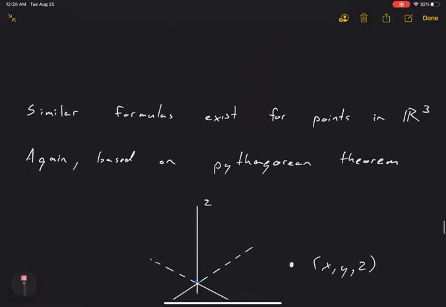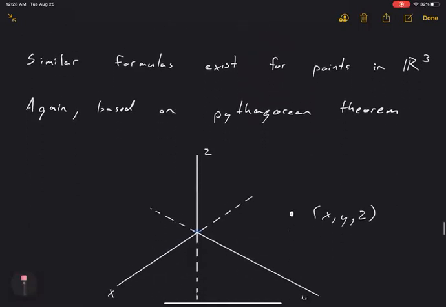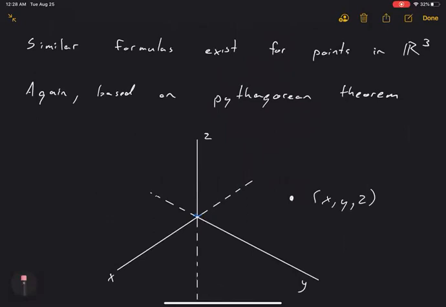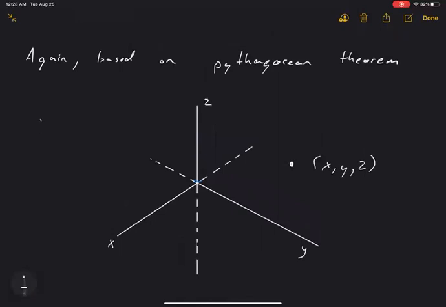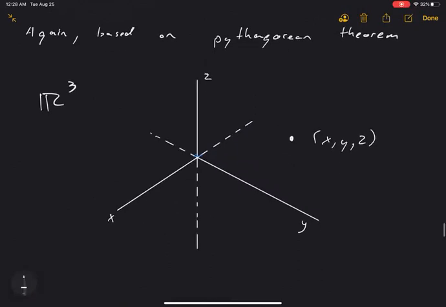Now, there's very similar formulas for distances in R3, and really for Rn in general. So just a quick note, we're doing everything for R3, right? But everything we've done so far and 99% of what we do in this course is going to be true for even higher dimensions, which we could abbreviate by Rn, where n could be 4, it could be 7, it could be 100,000.